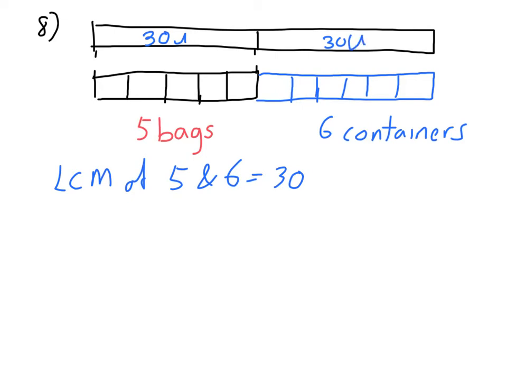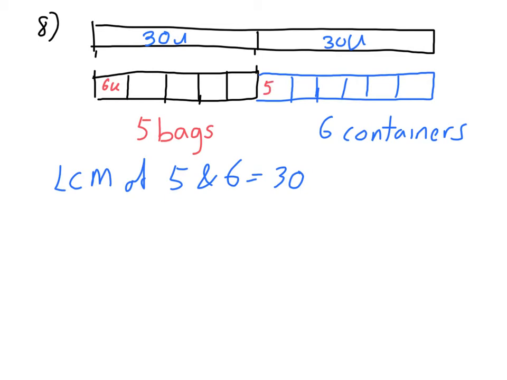This part clear? So this one, one bag will be equal to how many units now? So 30 units divided by 5, each one is 6 units. Then this one, 30 units on the right side, divide by 6, each unit will be 5.